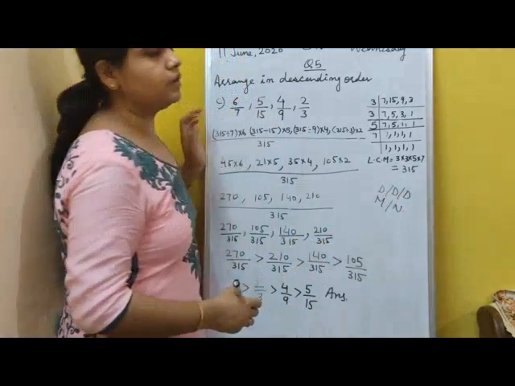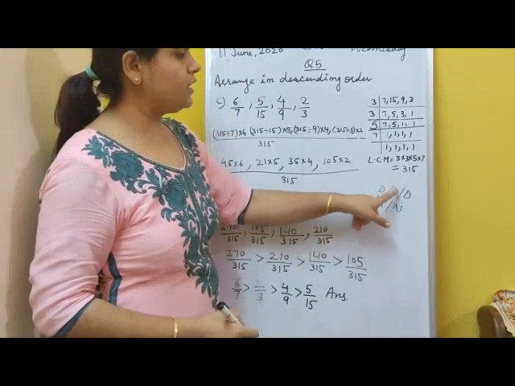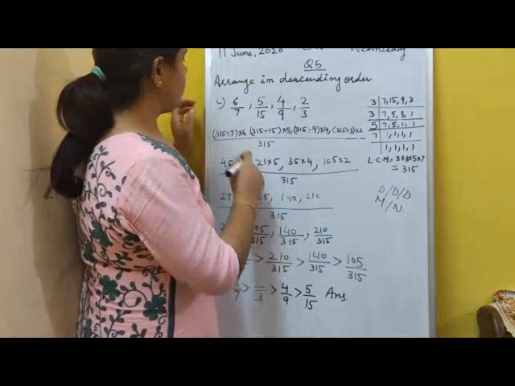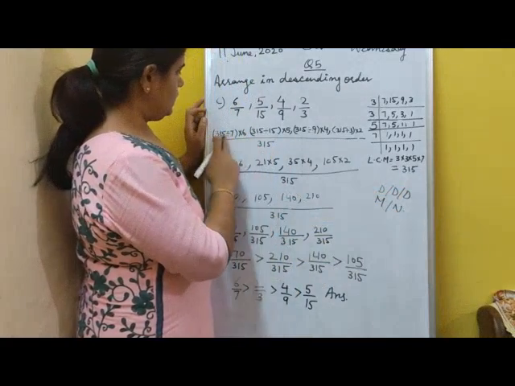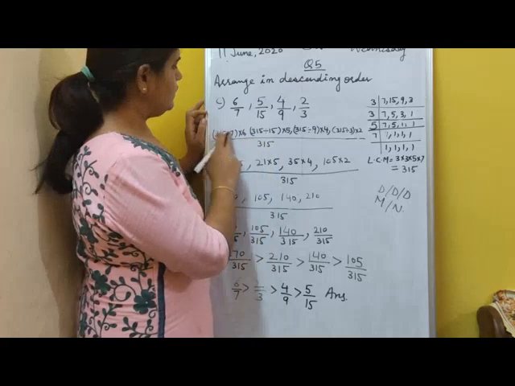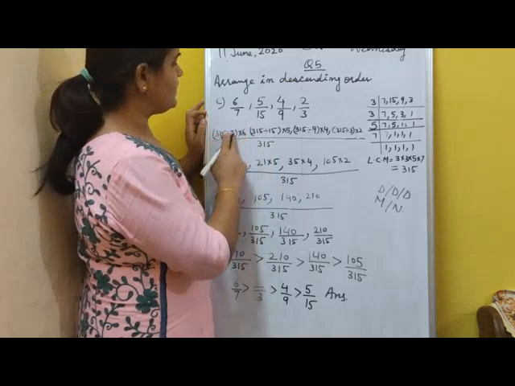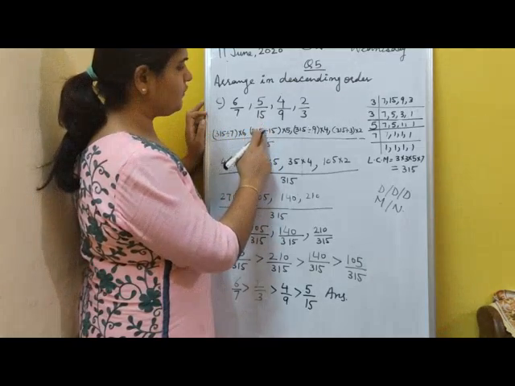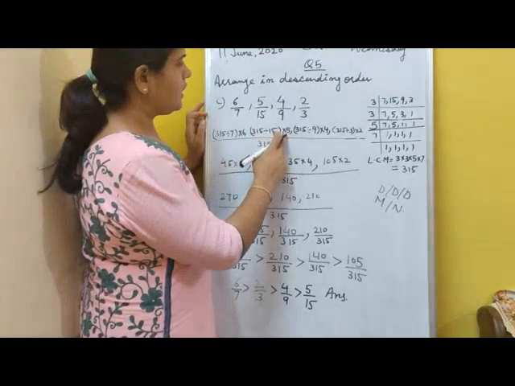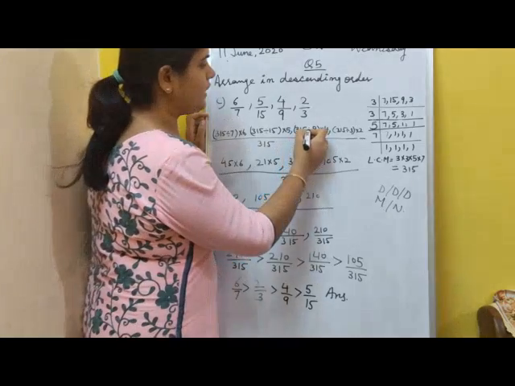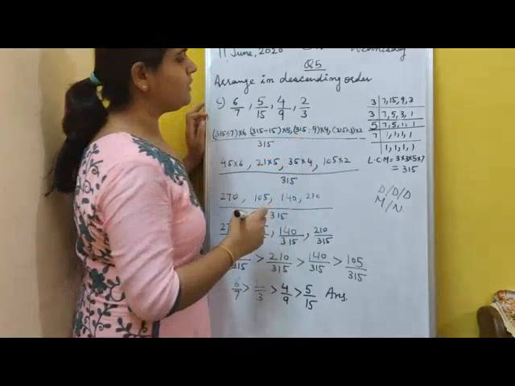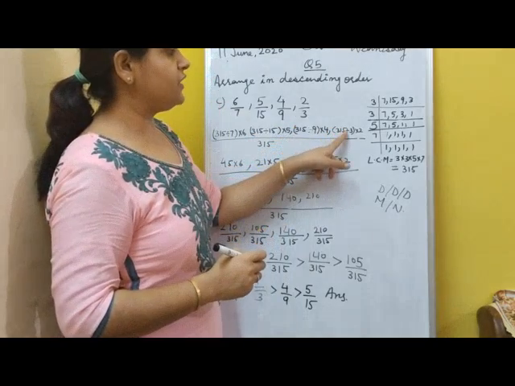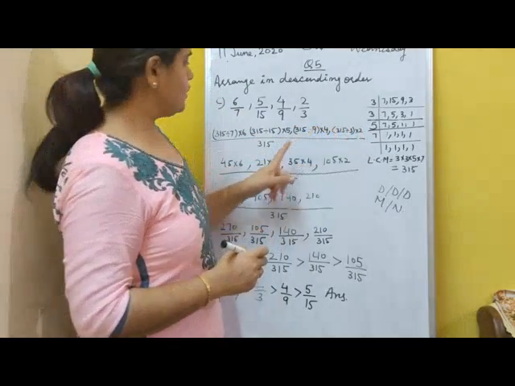You can learn it in this way: denominator divide, multiply numerator. Now divide 315 by 7 and multiply 6. Divide 315 by 15 and multiply 5. Divide 315 by 9 and multiply by 4. Now 315 divided by 3, multiply 2.